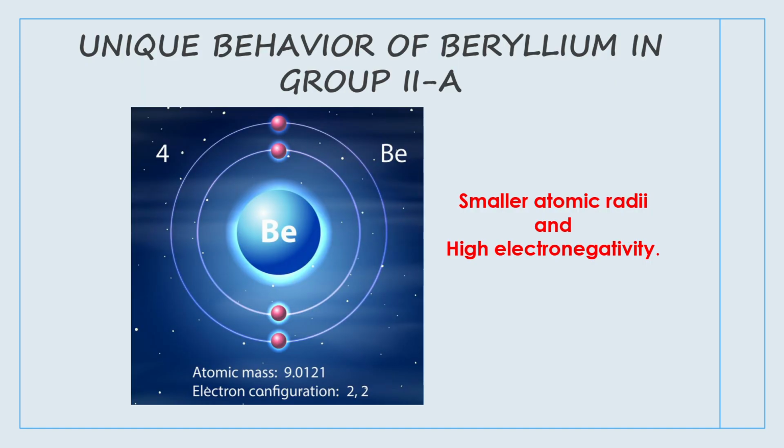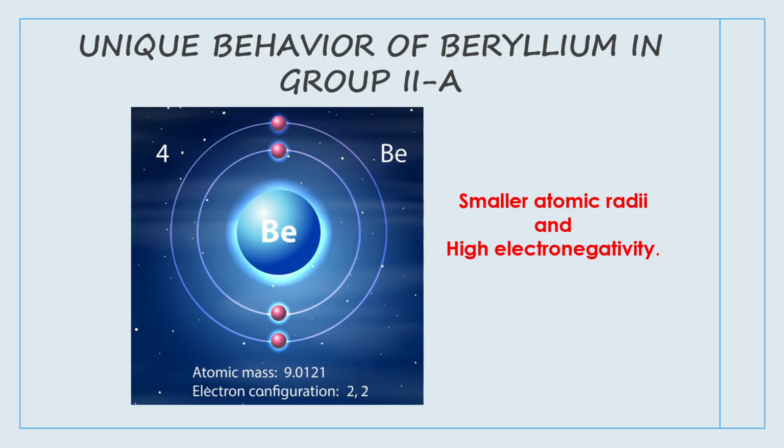So to understand this unique behavior of beryllium, we must first understand the atomic structure of beryllium. Beryllium, with atomic number 4 and being the first member of group IIA, has the smallest atomic radius. Smallest atomic radius means it will have the strongest attractive forces between the nucleus and electrons.